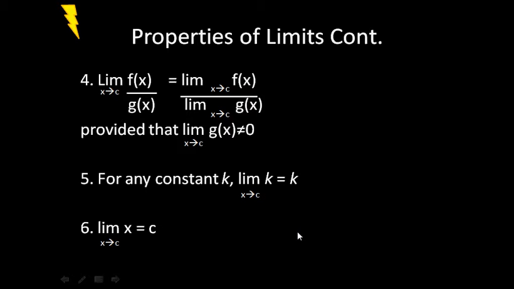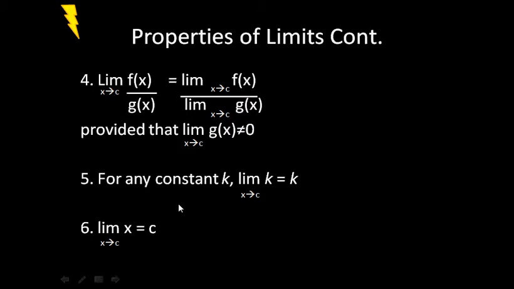And then just three more properties. This one's pretty similar to the one I just showed, except if you're dividing, you can take the individual limits and divide them by each other. But that's provided that the limit of g of x, the one in the denominator, is not equal to 0, because then you would be dealing with undefined and all that stuff.